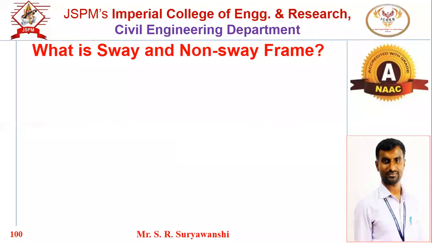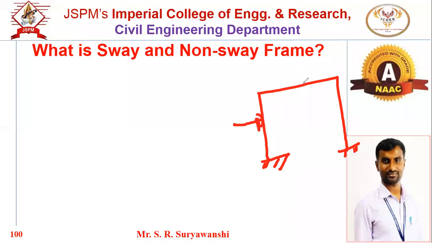Good. So in case of a frame, if it has side to side displacement, or suppose this is the frame and due to the loading conditions on it, it has horizontal displacement, that is also correct.